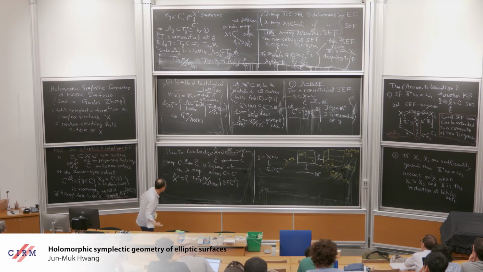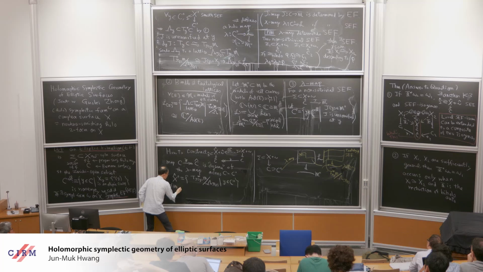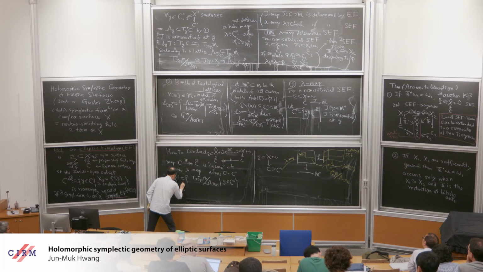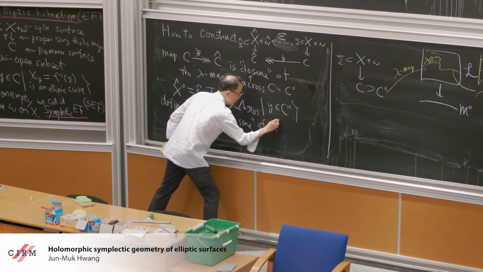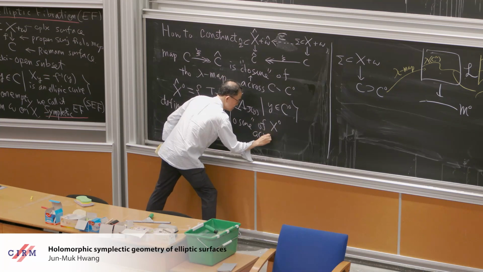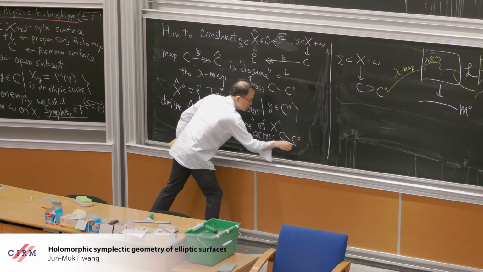And then you define X hat as a closure of X0 across C minus C0.